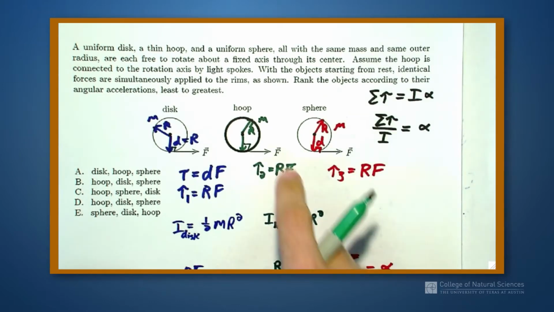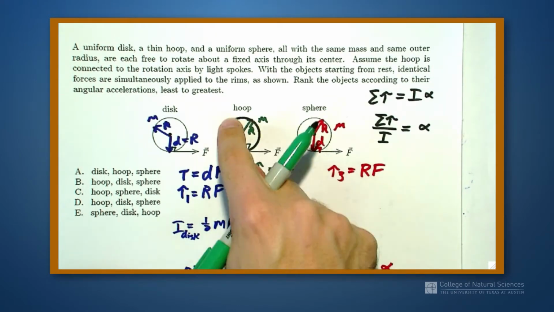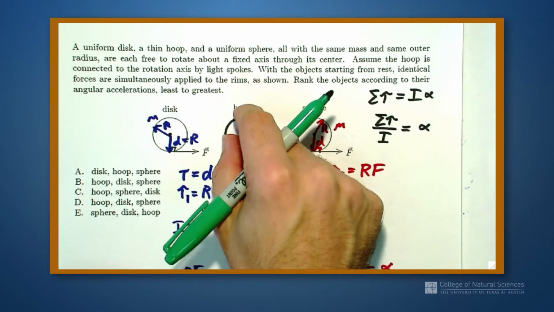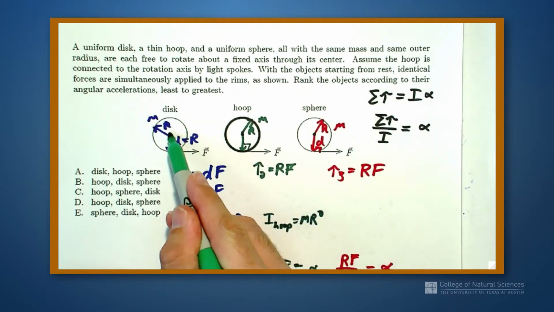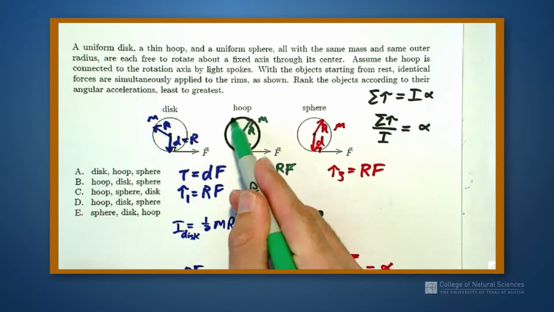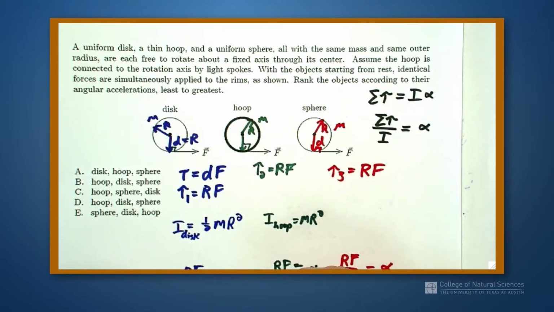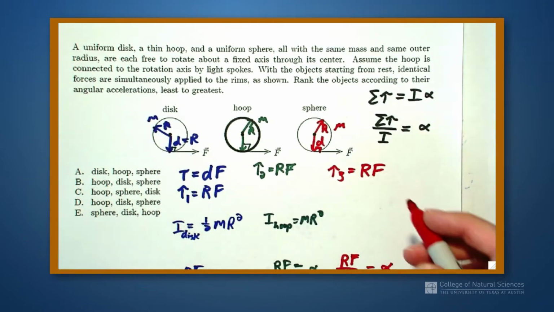This is a larger value, because the mass is more concentrated at a farther distance away. The disk has some stuff on the inside, while the hoop has all of its mass around that ring. So its moment of inertia is m r squared. My torque over my moment of inertia gives me my angular acceleration. And last but not least, a sphere.